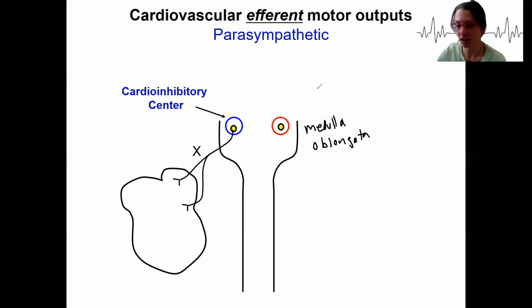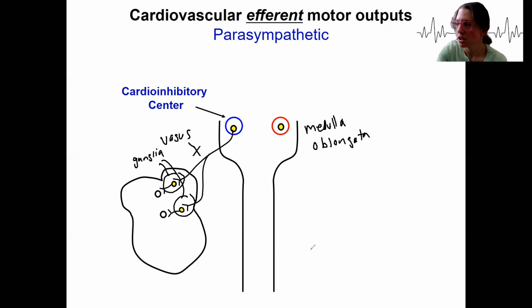So what is this guy? This is our vagus nerve, cranial nerve 10. And that here is our preganglionic neuron and our postganglionic neuron. Remember that ganglia is very close to the target tissue for the parasympathetic nervous system. Of course, you remember that. What are these two things? So this would be the ganglia right here. What are those other two bumps that I have on the heart itself?